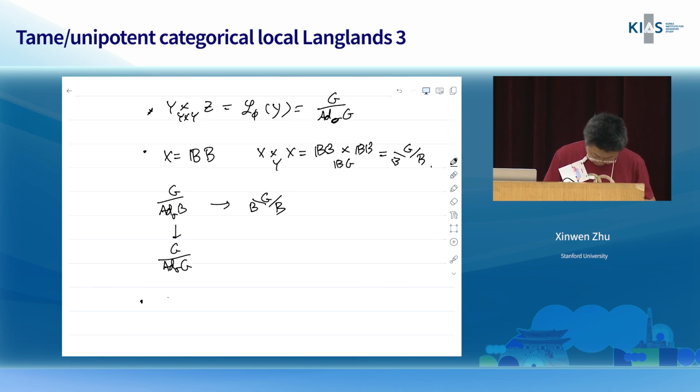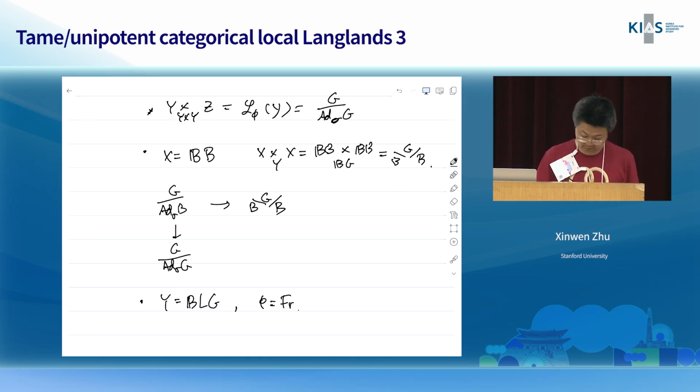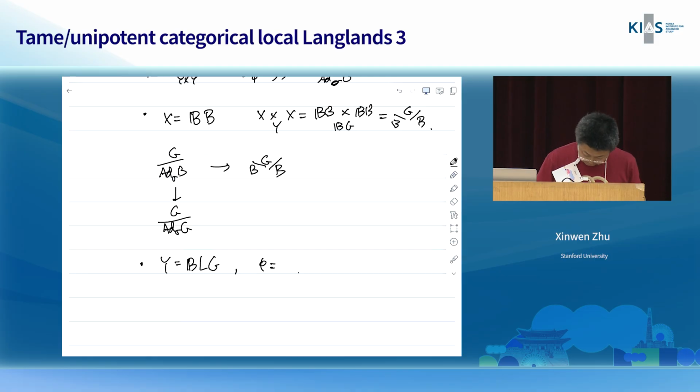Another case for us is when we take Y to be B of the loop group, BLG, and again phi is just the Frobenius endomorphism. This also encodes the monodromic version. So I will take phi to be Frobenius.